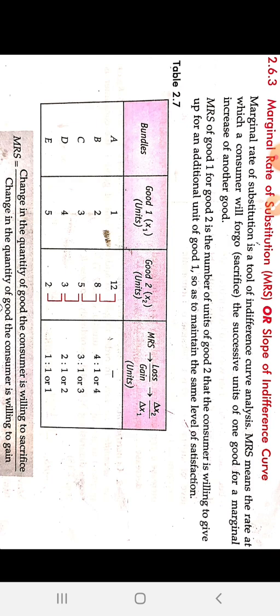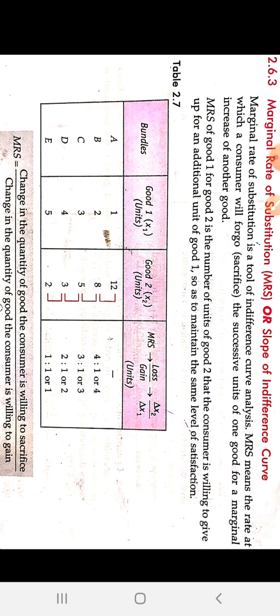It is also the same as the marginal rate of exchange, or marginal opportunity cost. When he wants to consume one more unit of good one, he has to sacrifice some units of good two.